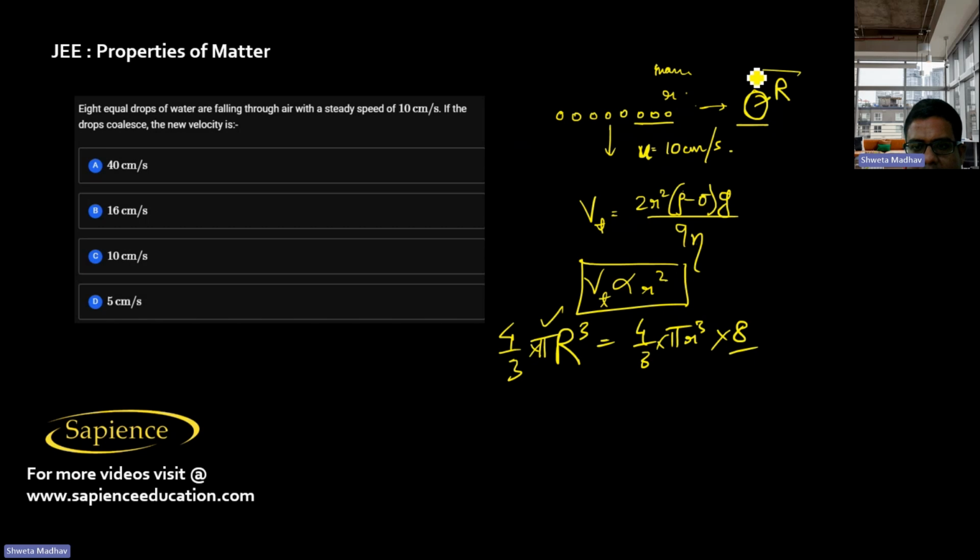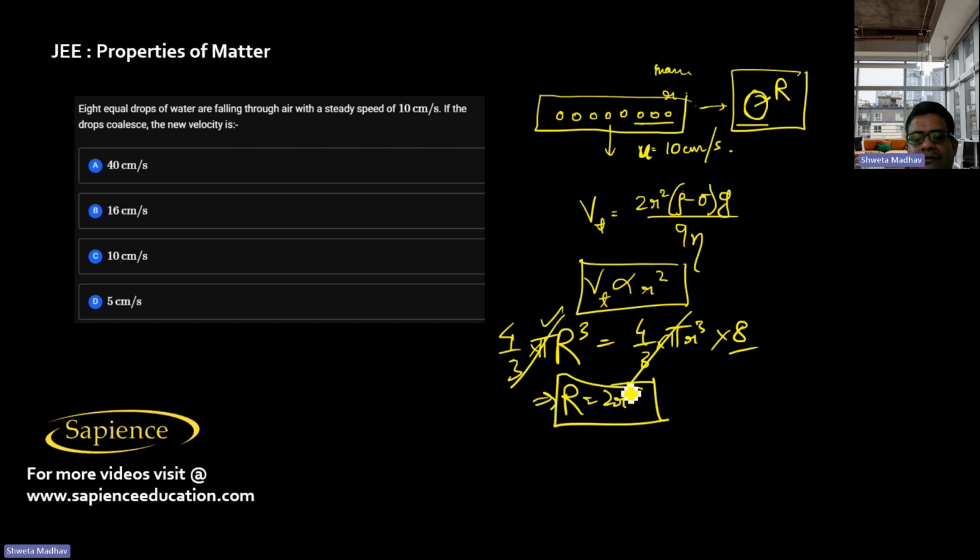The volume of the single drop should be the same as the volume of the 8 drops. So 4 by 3 pi will cancel, and R will be equal to 2r.